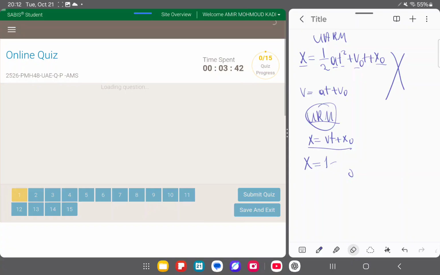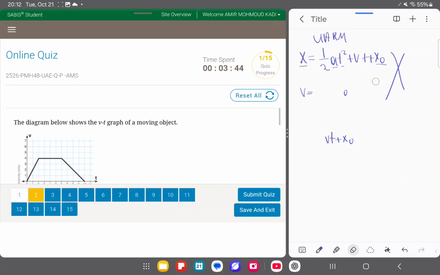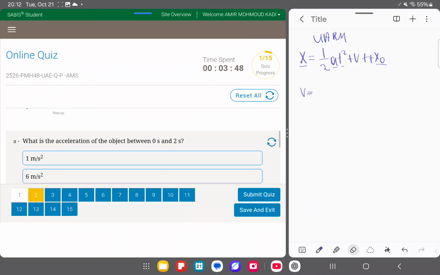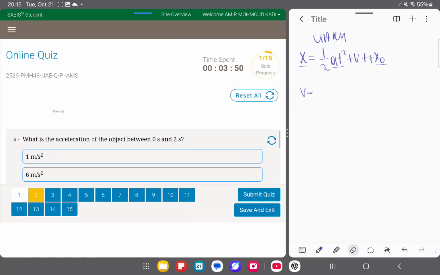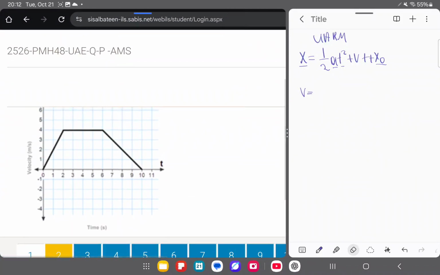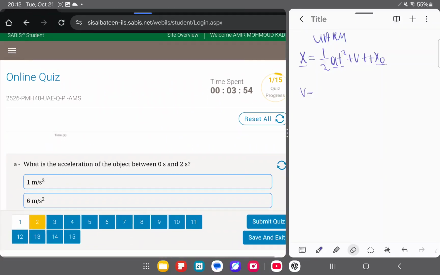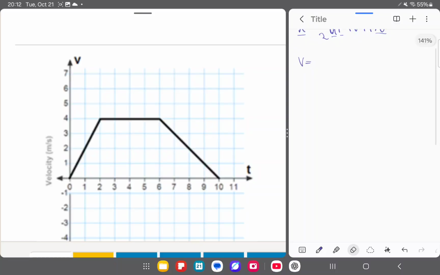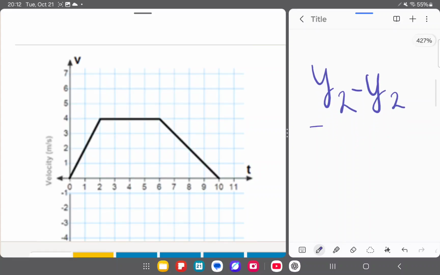Moving on. Okay, now number 2, they're asking what is the acceleration of the object between 0 seconds and 2 seconds. So we have to find the time interval. When they're asking for the acceleration in a VT graph, we have to do the rise over run, or just the slope formula, y2 minus y1 over x2 minus x1. So easy, simple.